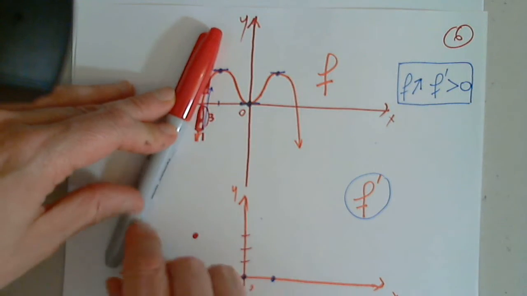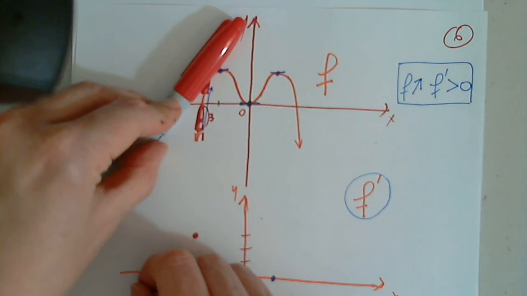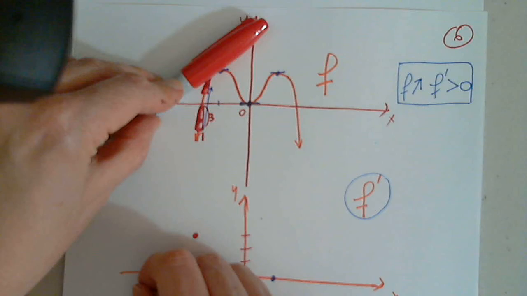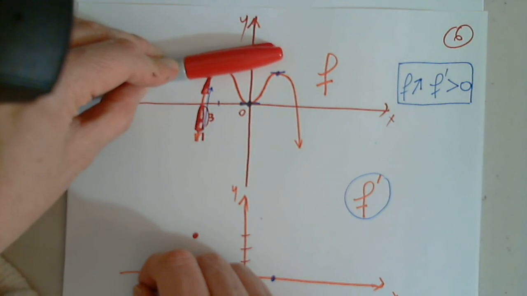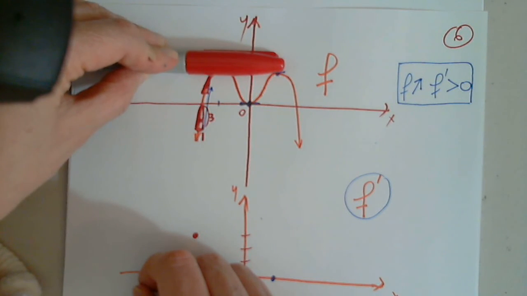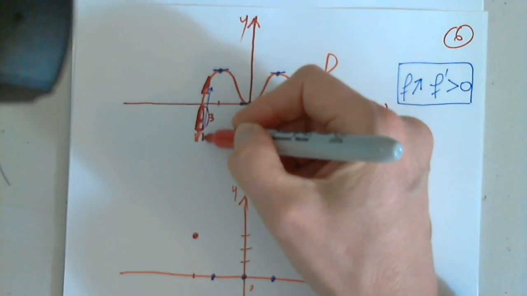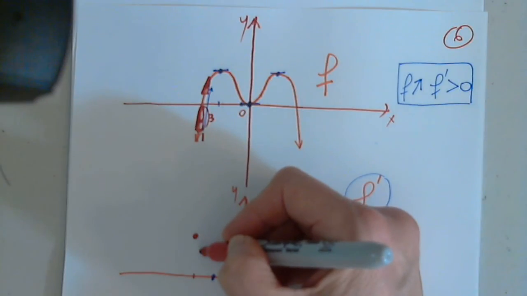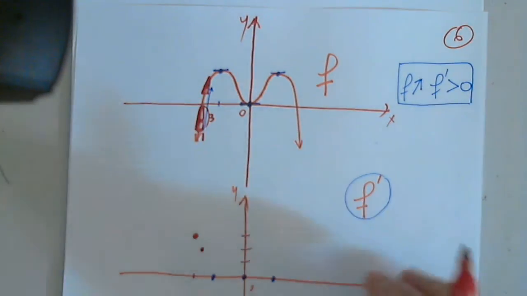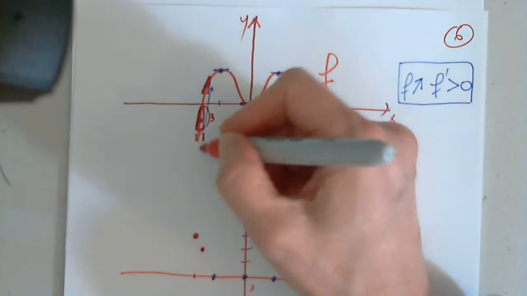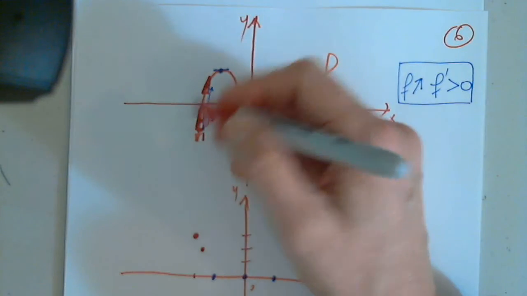Here the slope is smaller, and here the slope is smaller, and here the slope is still positive, but now it's 0. So at this point, the slope is 2. At this point, it's much higher.